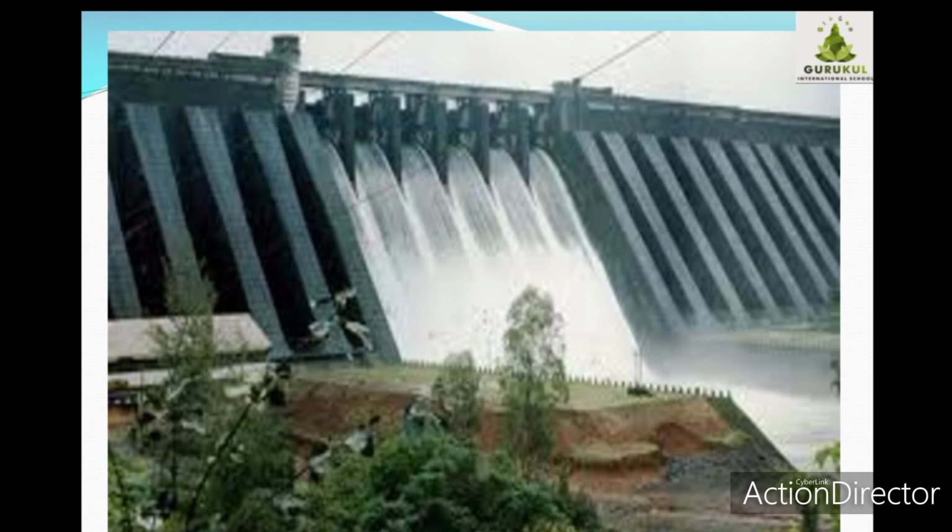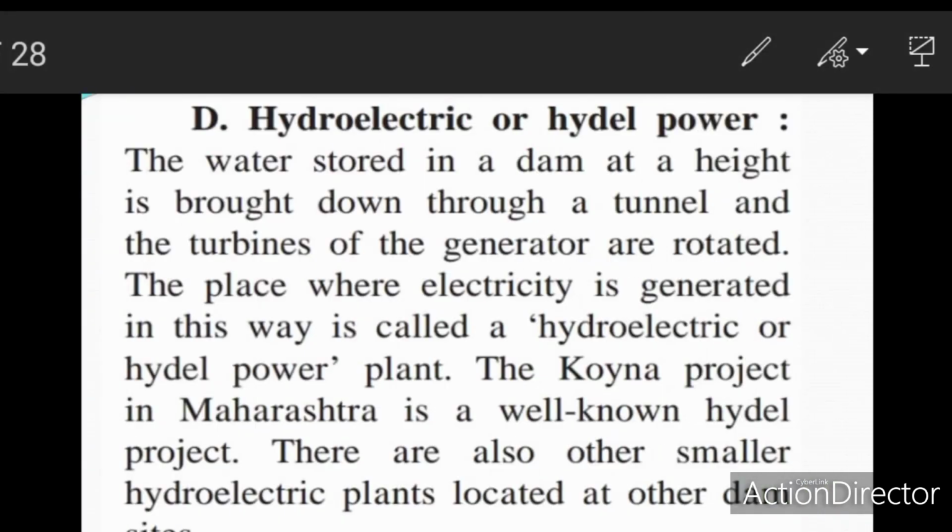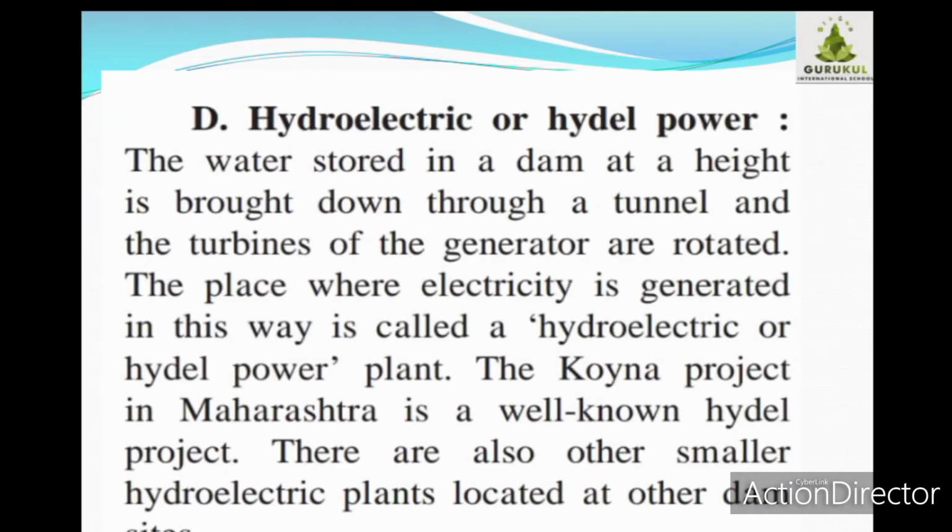The water stored in the dam at height is brought down through a tunnel, and the turbines of the generator are rotated. As we all know, the stored water has potential energy, and when it starts flowing it gets kinetic energy, and when it strikes the turbines, this kinetic energy is transferred to the turbines where electrical energy can be created.